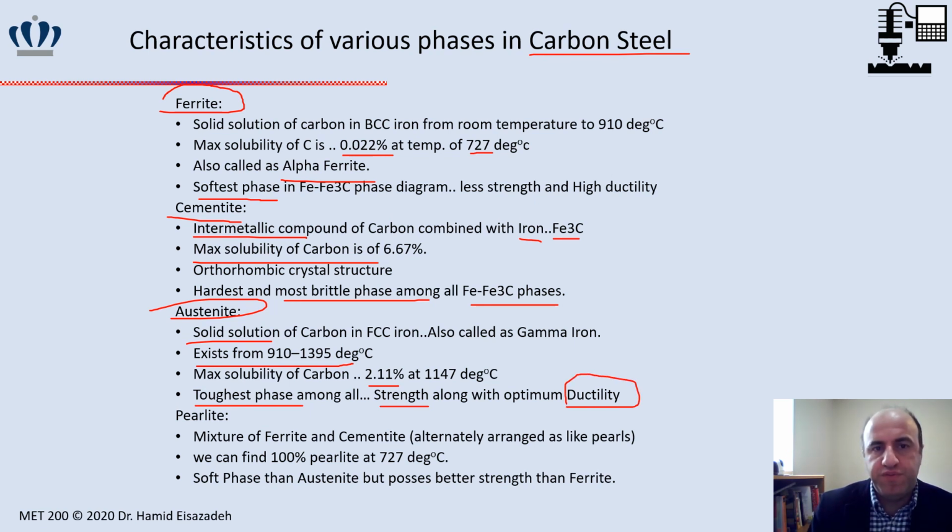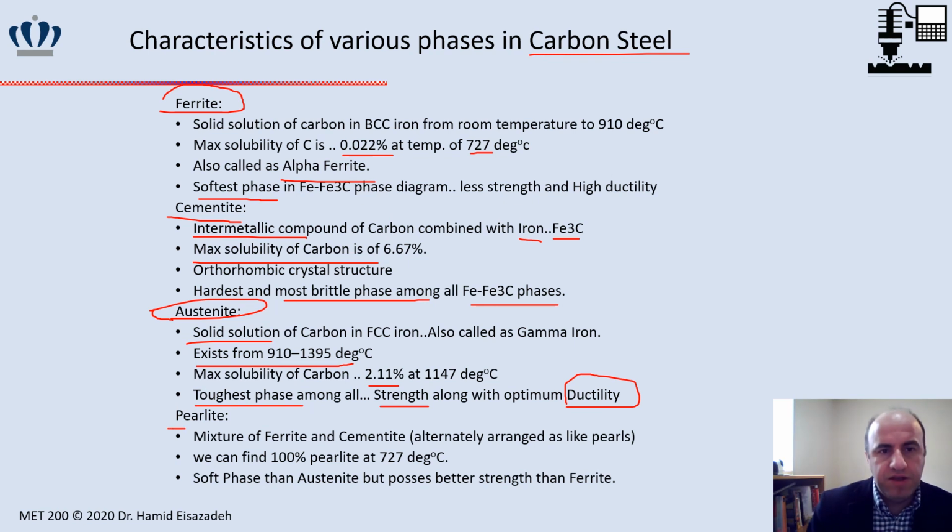But remember, it is possible to have austenite at room temperature. This is a topic for other courses called heat treatment, where we can add alloys to the steel to make austenite stable at room temperature. Those alloying elements are called austenite stabilizers.